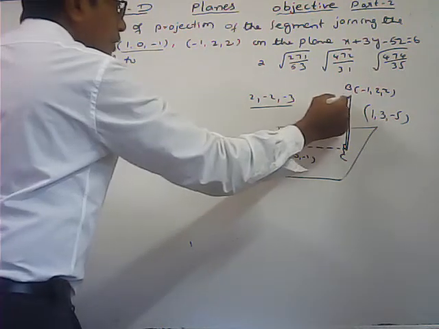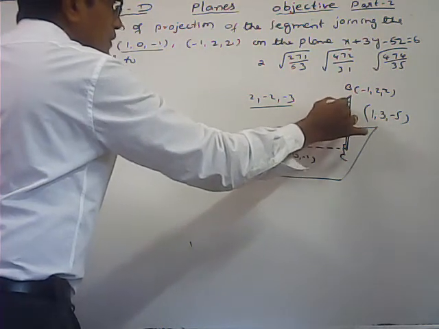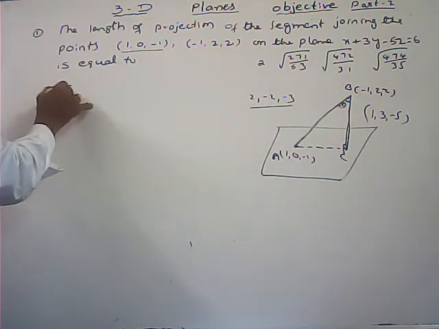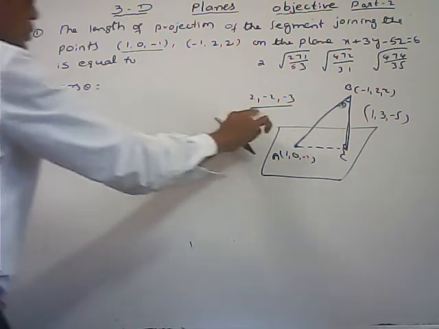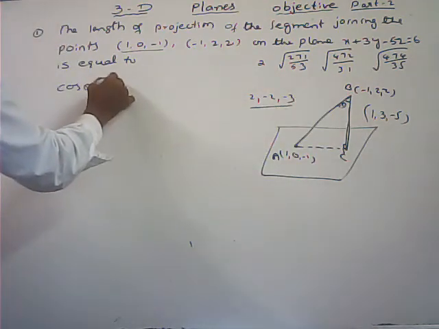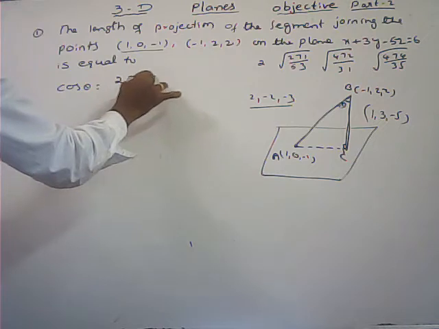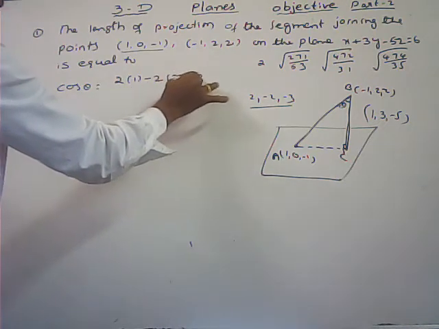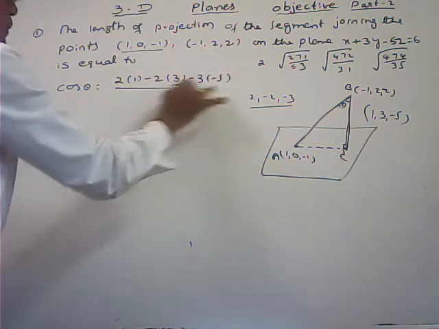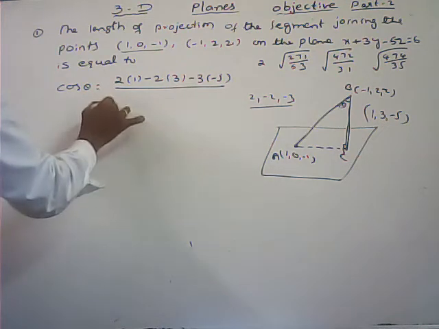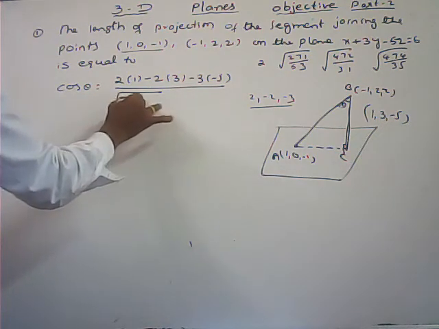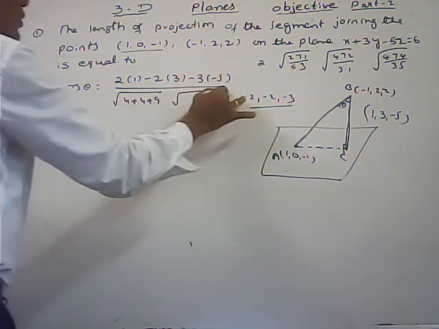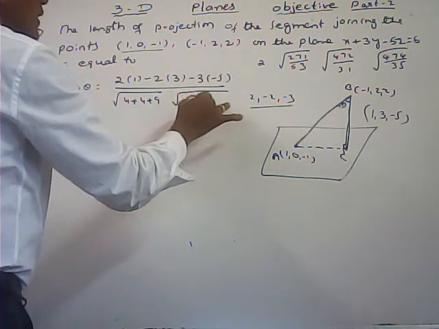If I take the angle between these two as theta, then cos theta is equal to the dot product of these two, (-2 into 1, plus 2 into 3, minus 3 into -5), whole by modulus of this one, root of 4 plus 4 plus 9, into modulus of this one, root of 1 plus 9 plus 25.